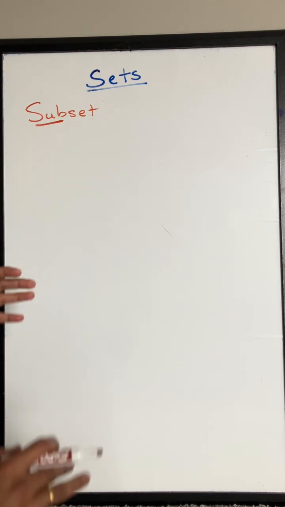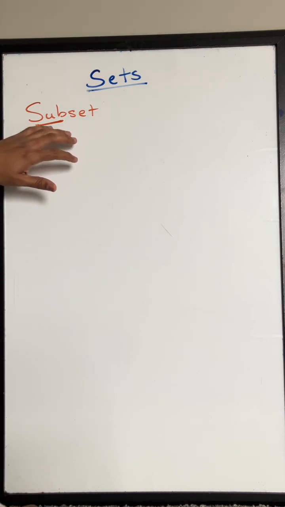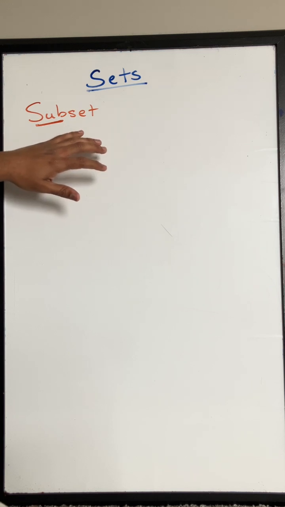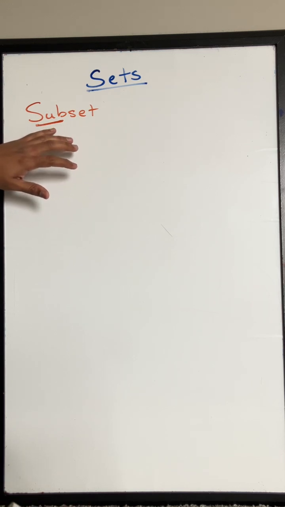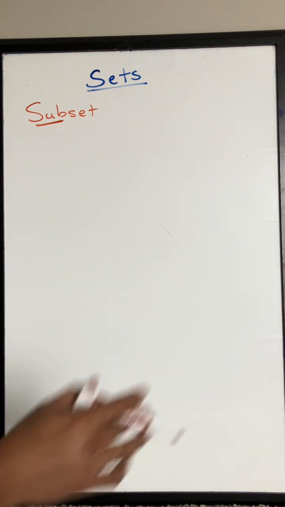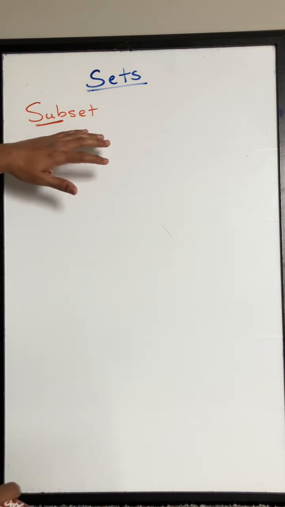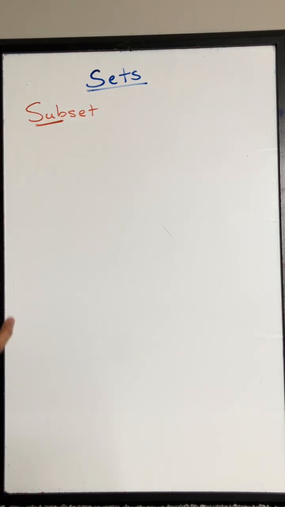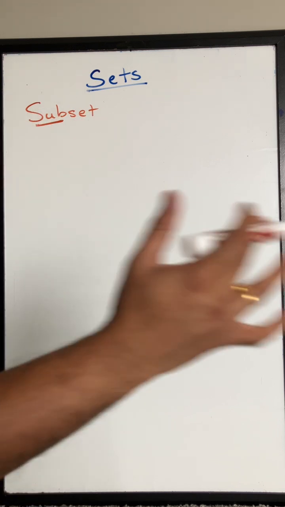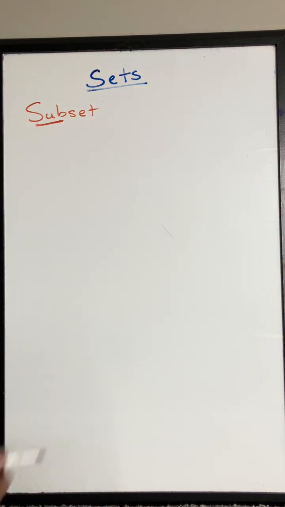In English, sub means smaller, as in subway, though I'm talking about a subway bypass, not the restaurant chain. Subset: a set and a small set. If a set is the big one, then sub means a small set.